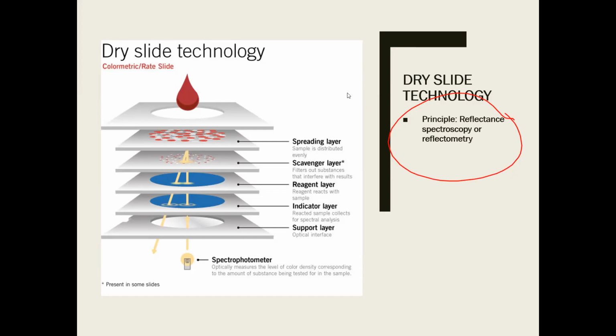Ito po yung ating spreading layer where the sample is distributed. This is our scavenger layer that filters the materials that can cause interference. This is the reagent layer where our sample will meet the reagent and the indicator will give us the reaction for our spectral analysis. And the support layer has a transparent line that allows us to do the optical reading.